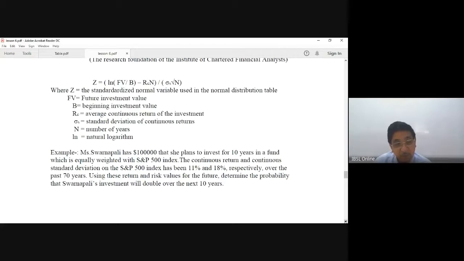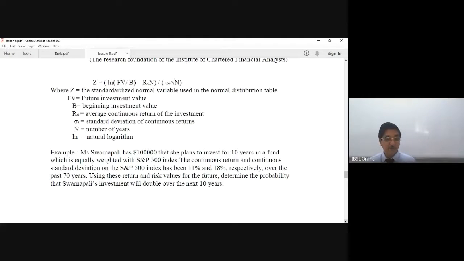Swarnapali has 100,000 that she plans to invest for 10 years in a fund which is equally weighted with the S&P 500 index. The continuous return and continuous standard deviation on the S&P 500 index has been 11% and 18% respectively over the past 70 years. Using these return and risk values for the future, determine the probability that Swarnapali's investment will double.